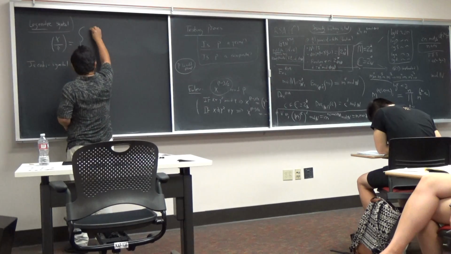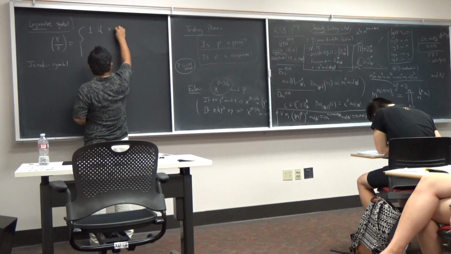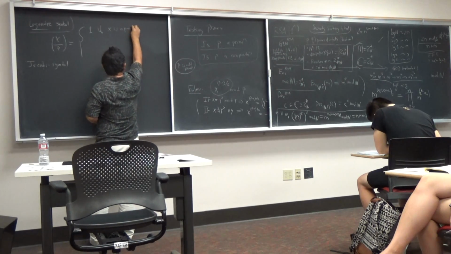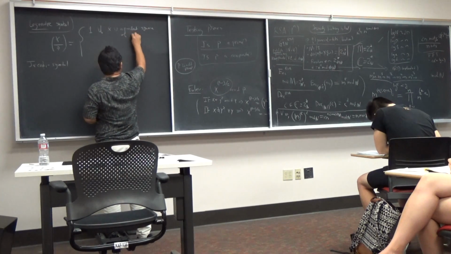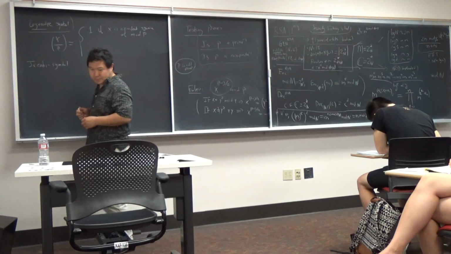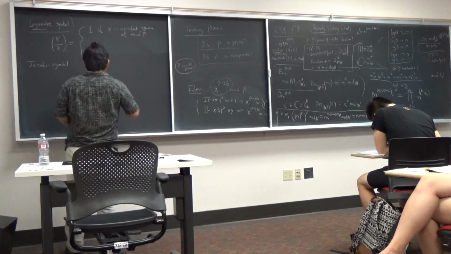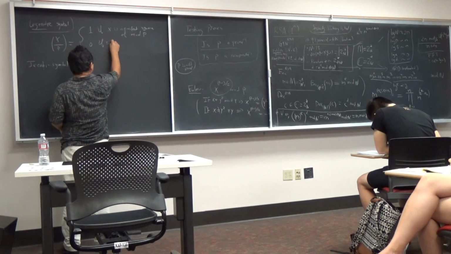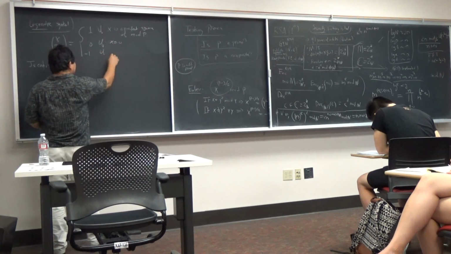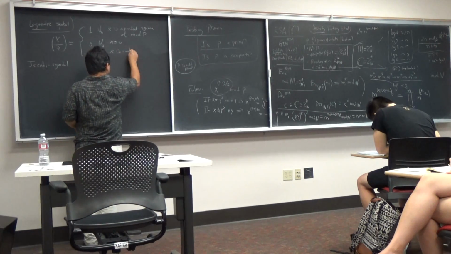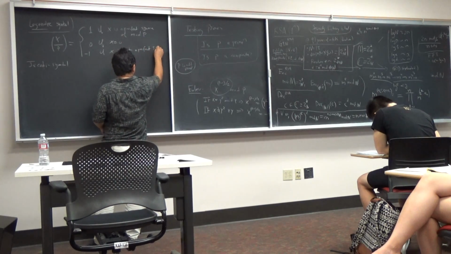They said it's equal to 1 if x is a perfect square, 0 if x equals 0, and negative 1 if x is not a perfect square.